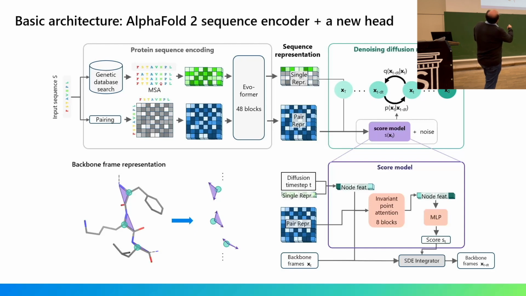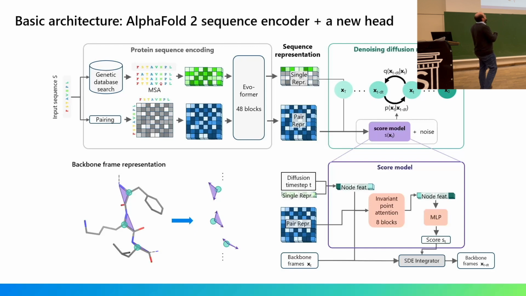What the left-hand side does is, you have the sequence as input, you have some pre-processing steps, and then you have many applications of these conformer blocks, which are essentially transformers similar to what you use in large language modeling. You end up with a representation of your sequence, essentially giving you a vector for each amino acid in your system, and a vector for each pair of amino acids telling you information about their interaction.